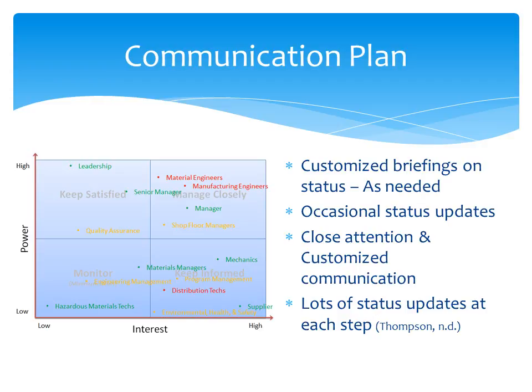The communication plan that we've created for this project is visually represented in the chart on the left. From the bottom left of the chart to the top is increasing levels of power that these functions have over the project, and from left to right is increasing levels of interest that these functions have in our project.